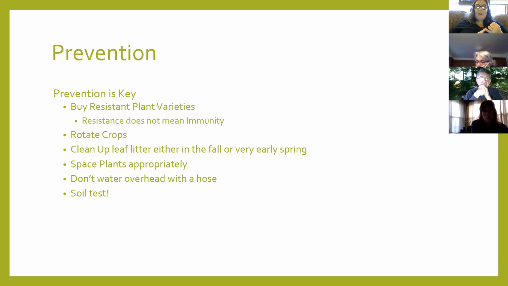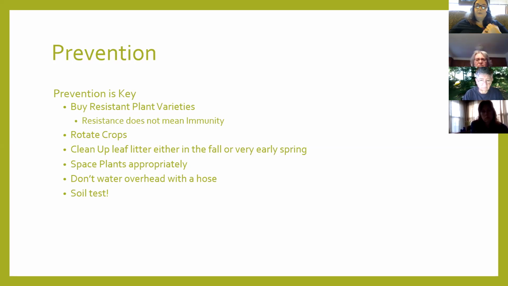Rotate crops. It can be as easy as rotating what crops you're putting in what part of your garden. Clean up leaf litter either in the fall or very early spring. This will help prevent fungal diseases and bacteria from infiltrating plants as they're growing.